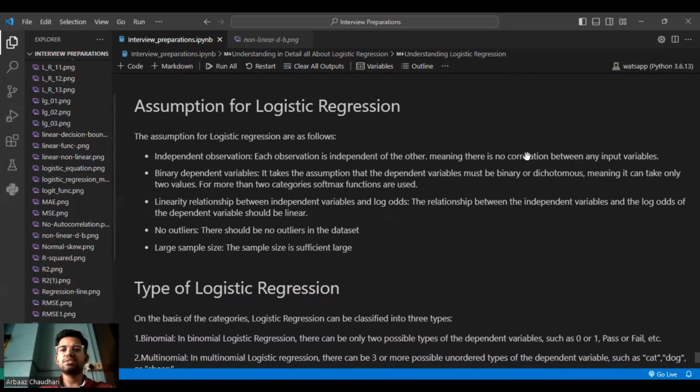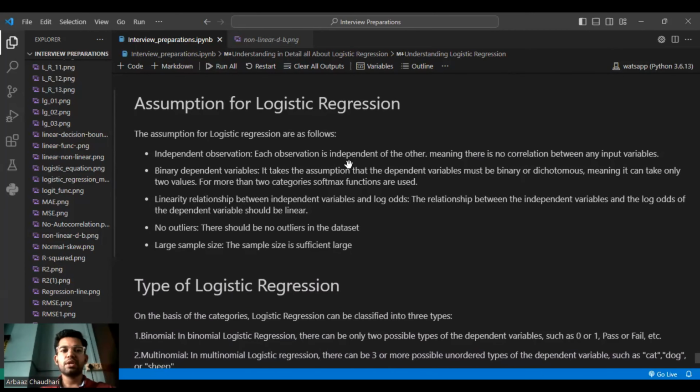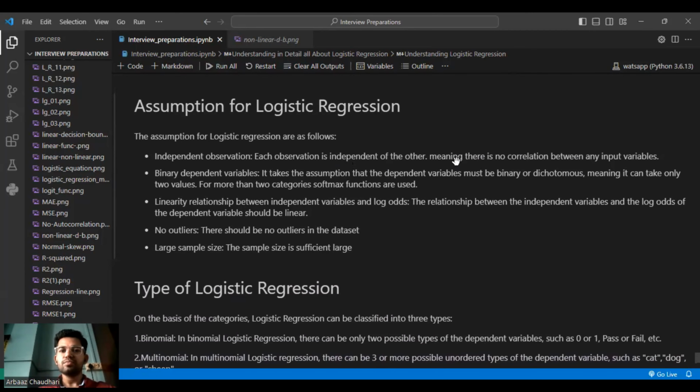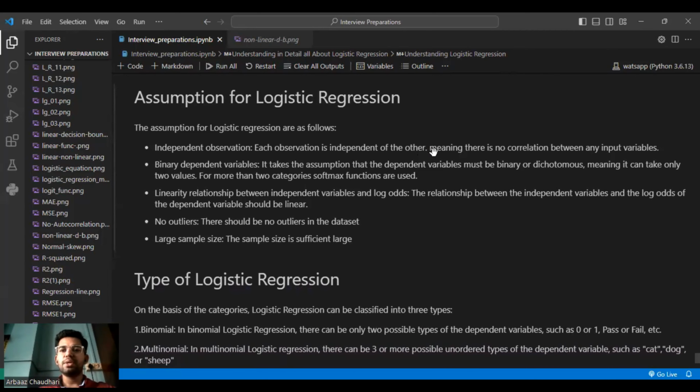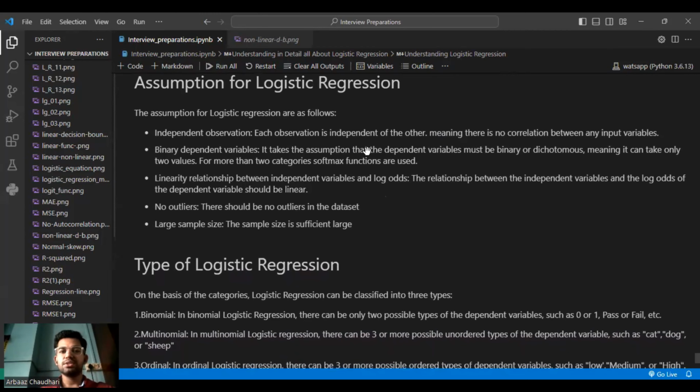The x1 data points are not dependent on each other. They are independent and scattered in the graph. So there should be no correlation between our x. These are the assumptions.